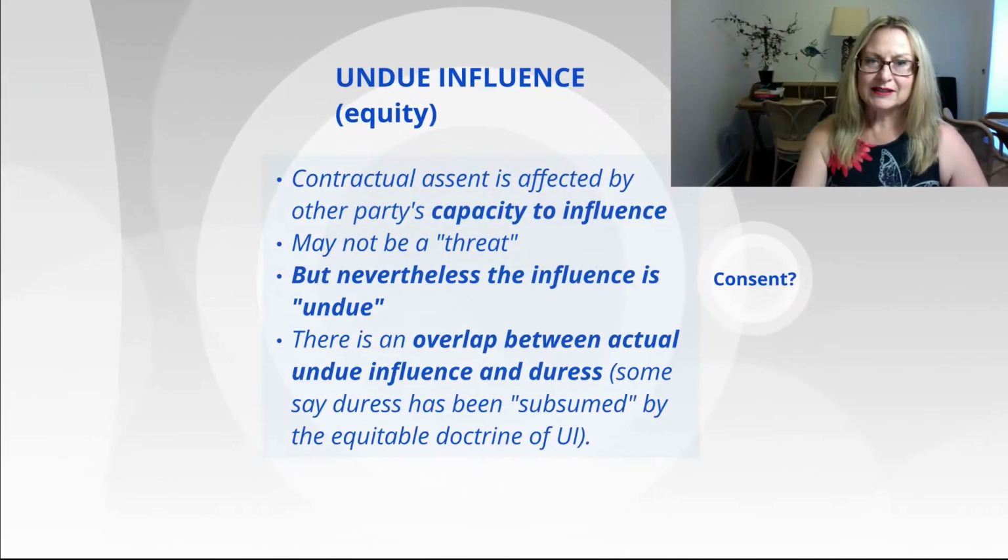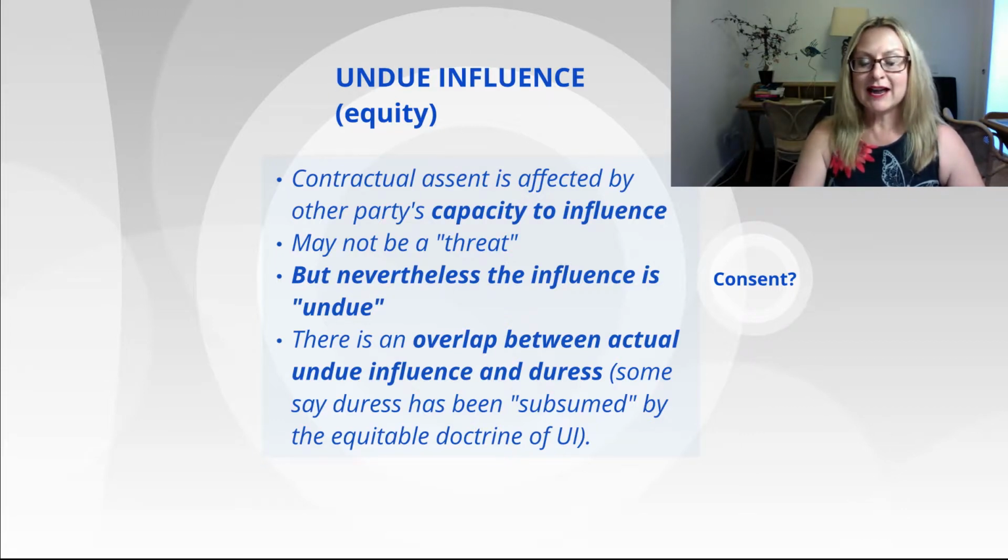So that's duress. What about undue influence? Well, here again, we're going to be looking at contractual assent because this is one of the hallmarks of undue influence. Now, here we say that contractual assent is affected by the other party's capacity to influence.